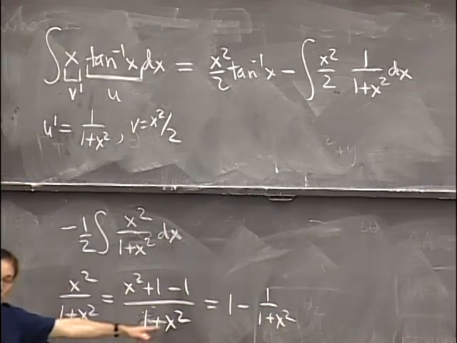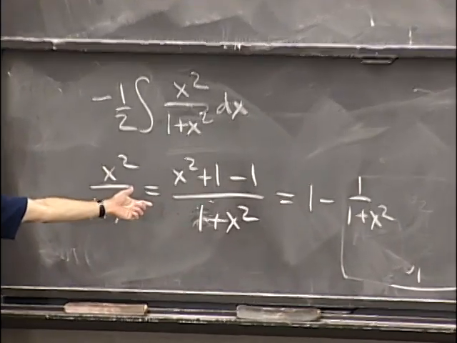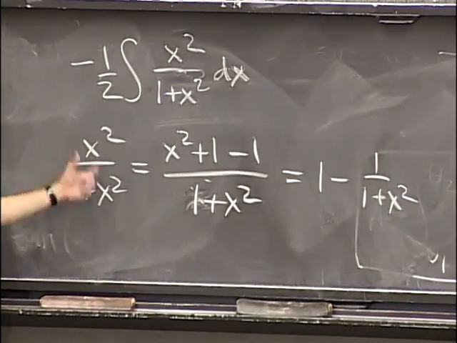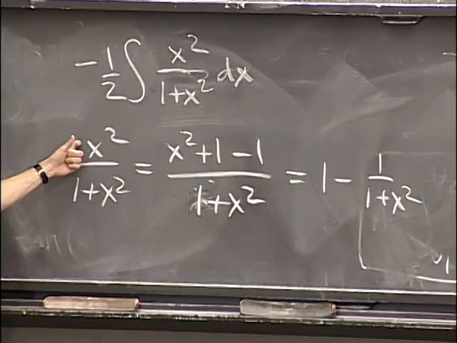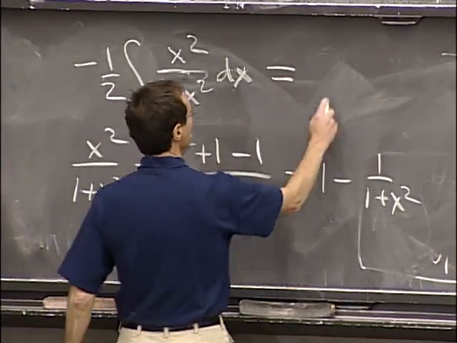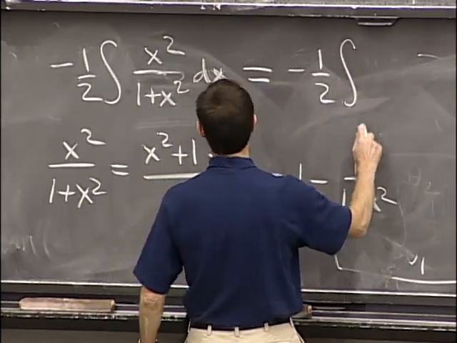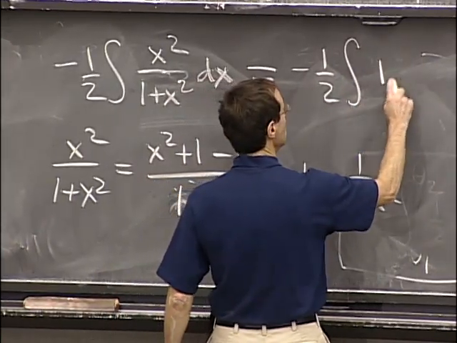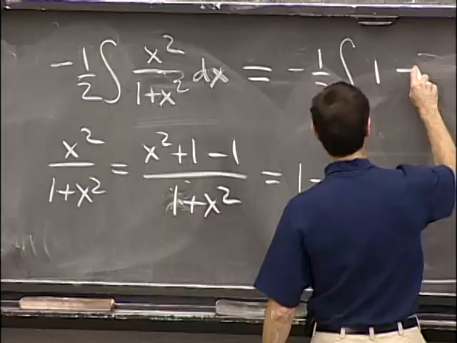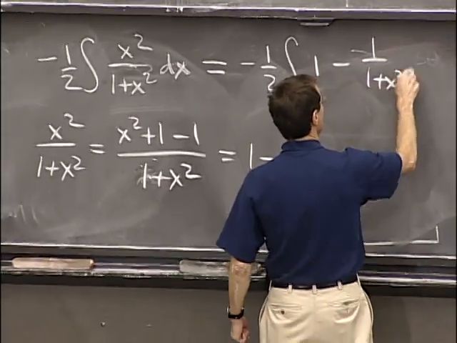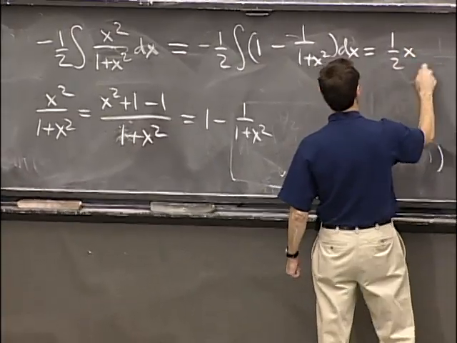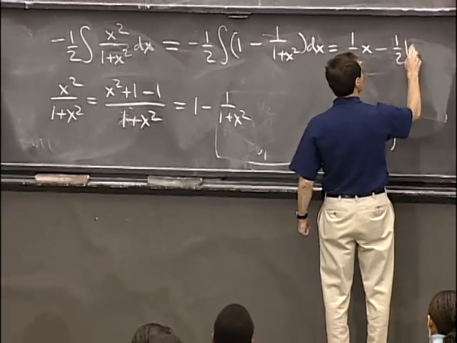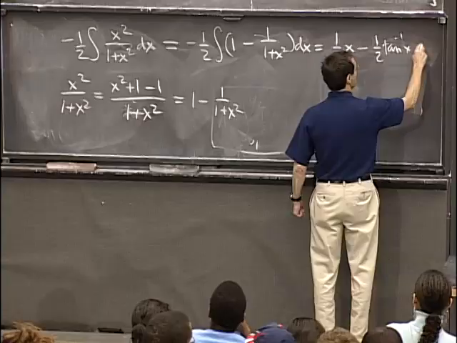This is the same as long division in this case, because when you divide in, it goes in with a quotient of 1. And so this turns out to be minus a half the integral of 1 minus 1 over 1 plus x squared dx, which is a half x minus a half tan inverse x plus C.